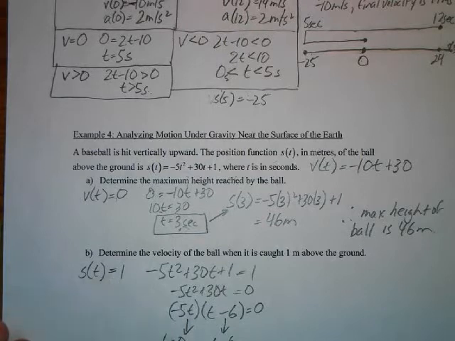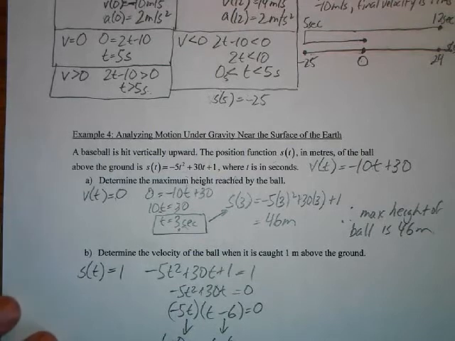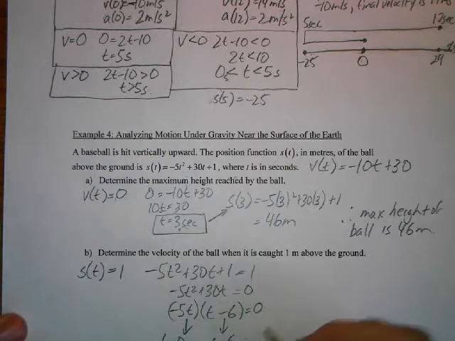So they threw it 1 meter off the ground, or maybe it was hit off a tee or something like that. So that happened when the ball was hit or thrown at the beginning. And 6 seconds is when it was actually caught.